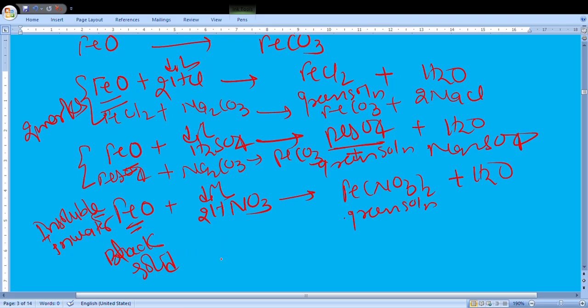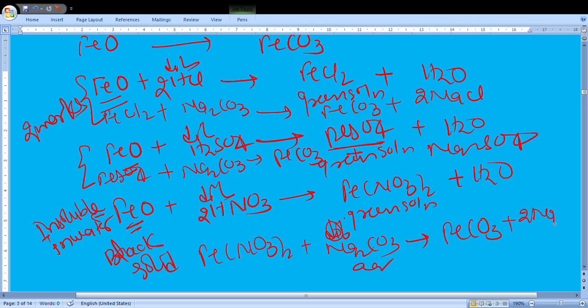Similarly, Fe(NO3)2 plus Na2CO3 aqueous gives rise to FeCO3, which is a pale yellow solid, to form 2NaNO3. Freshly prepared it is a white solid, but after some time it turns yellow.